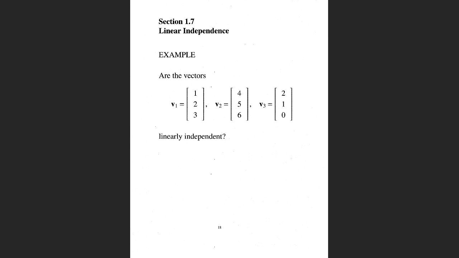But here, not quite so easy. In other words, if the vectors were linearly dependent, v1 would equal some value times v2 plus some value times v3, and these coefficients can't both be zero.